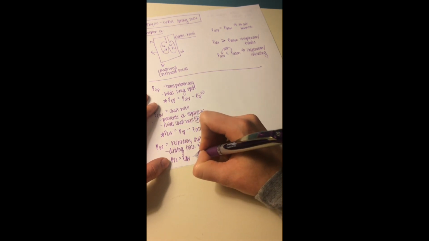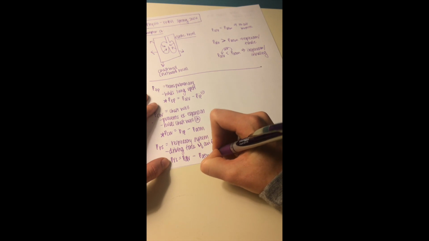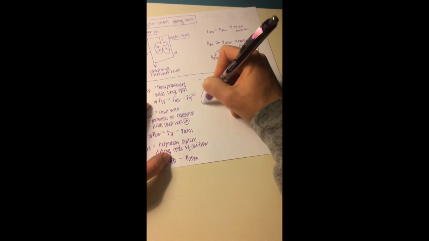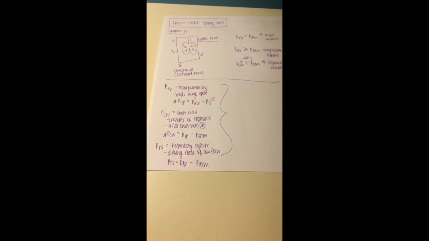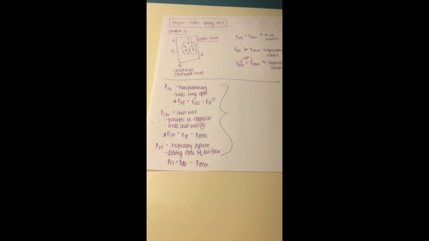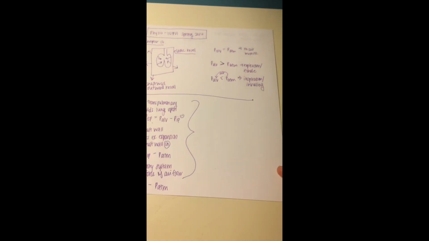So your alveolar pressure minus your atmospheric pressure. So those are really important to know, and just what they are and what they include in their little formulas. So now I'm going to draw this picture. One of the other physio mentors when I took this class last semester drew this picture, and it was really helpful to me.